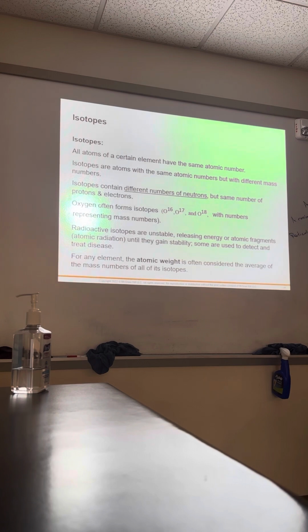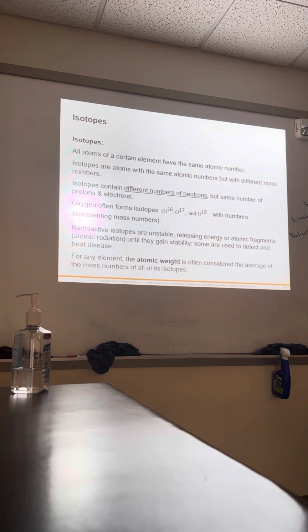But they all have different numbers of neutrons, so because they're the same element with different masses, they're known as isotopes. So the mass number on here is 15.999. The mass number is an average of all the different mass numbers in nature, and how common they are.